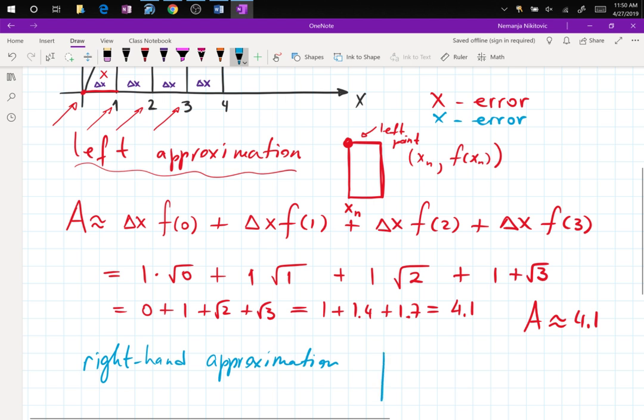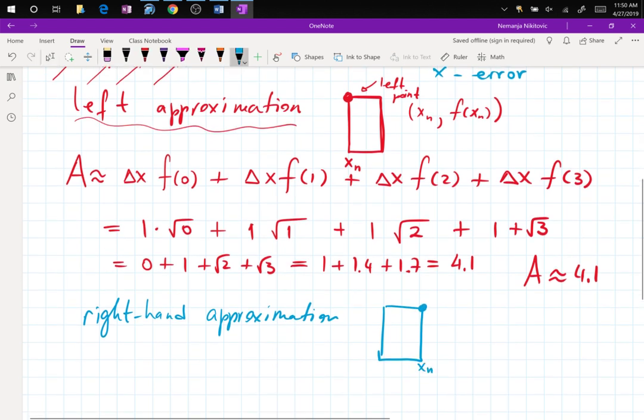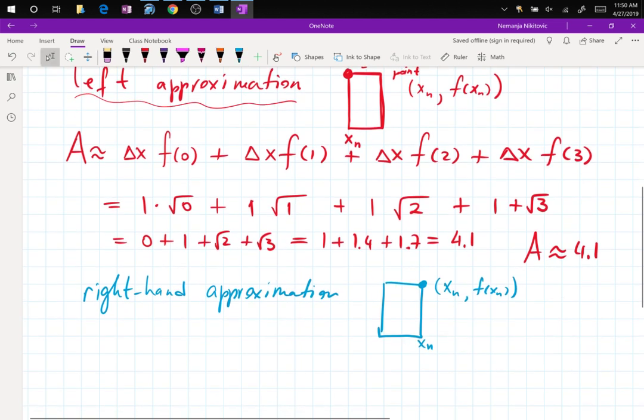we are using rectangles that have their x to the n on the right hand side, and that's also going to be the point where you have your f of xn calculated for the height. So area is approximated by, again, delta x, but now the first one I am working with is f of 1.